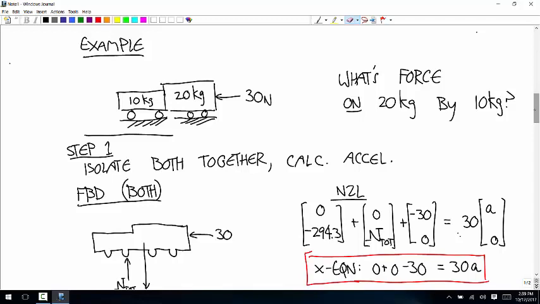But for now, we're going to isolate the 10 kilogram cart and do that calculation and see that it works out. So now we want to figure out the force on this one by this one. And what we should find is that the 10 kilogram cart has a contact force of 10 newtons pushing this way.